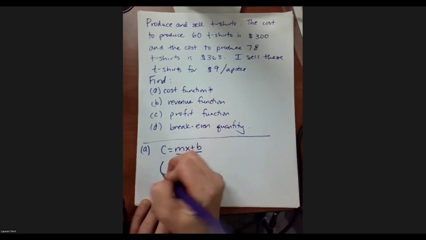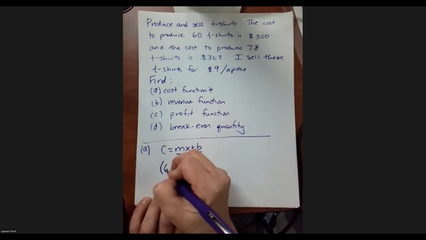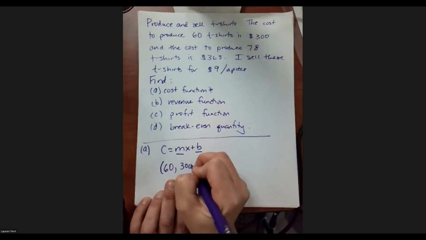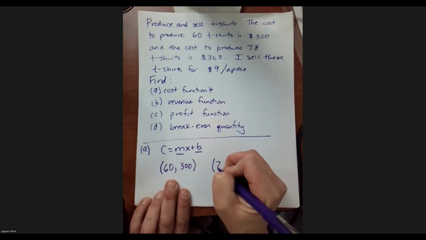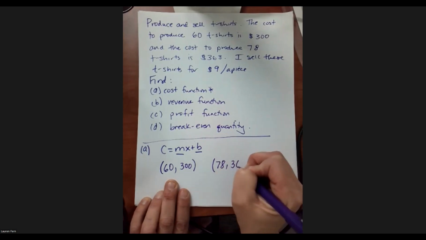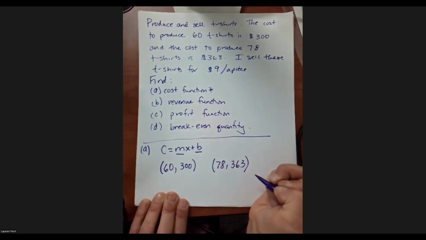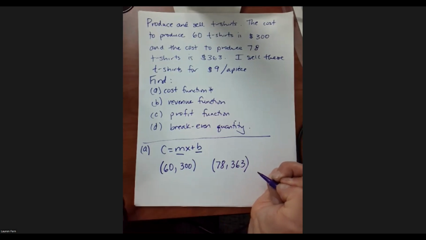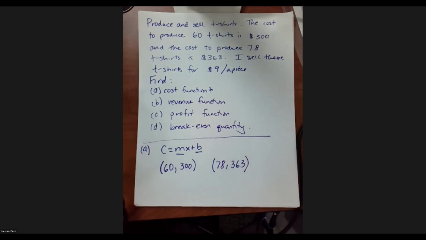Yeah. One ordered pair is that when I make 60 t-shirts, it costs $300. The other one is when I make 78 t-shirts, it costs $363. This is about as involved as these problems can get.